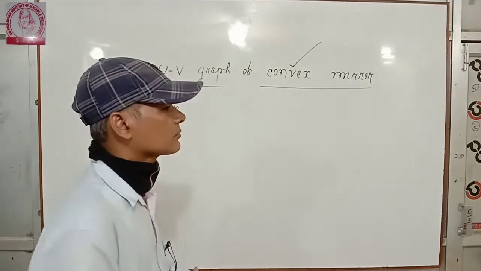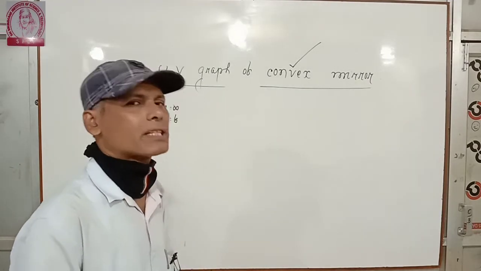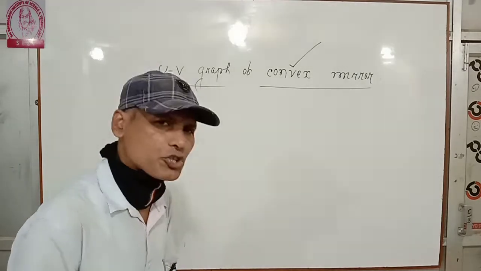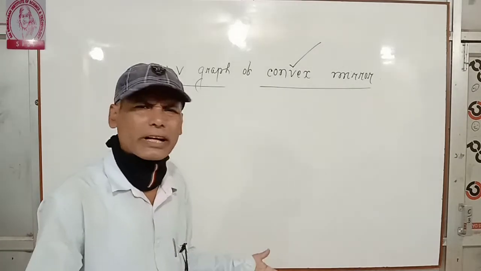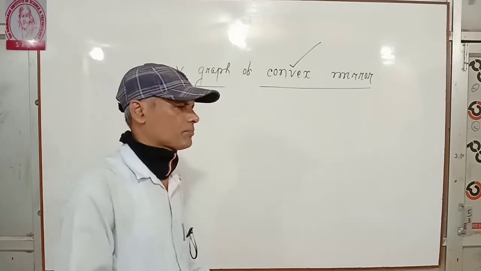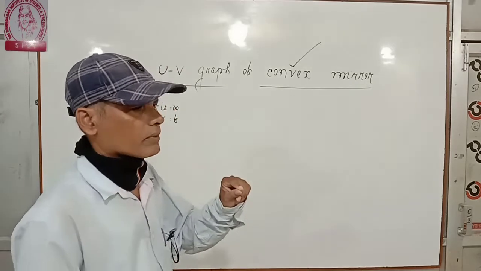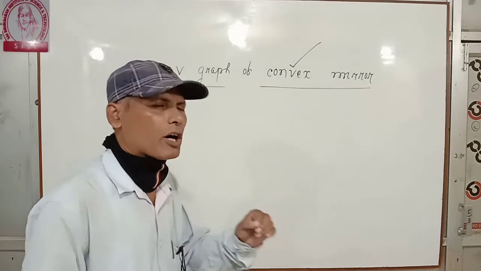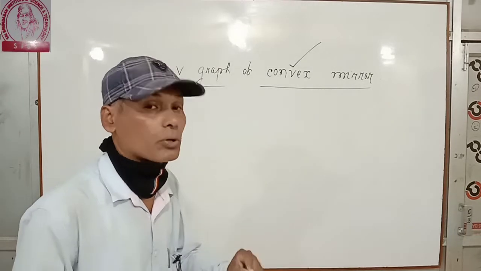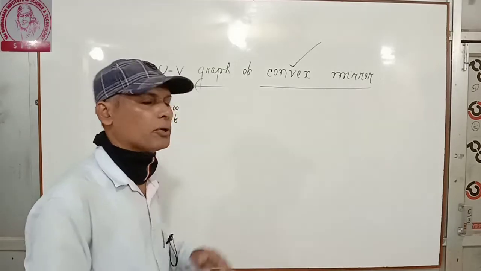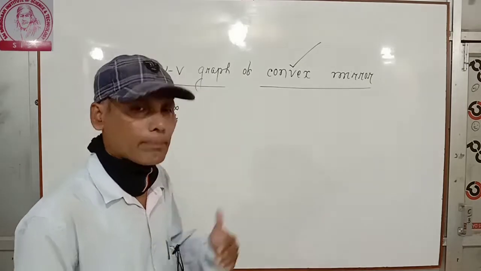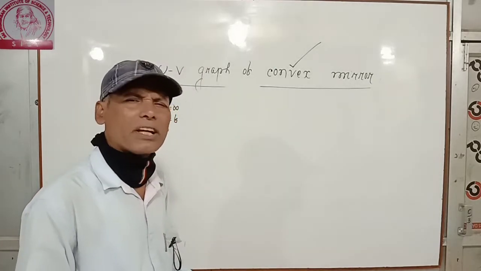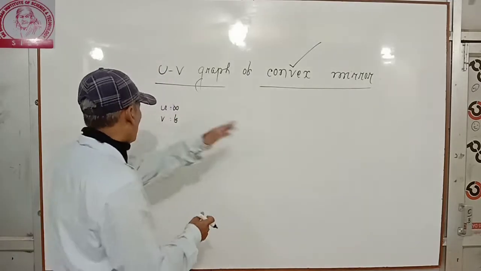That's why in case of convex mirror, all the images are virtual because virtual rays intersect at the image formed. So in case of convex mirror, all the images are virtual, not only virtual but also erect. So v is negative in all cases.